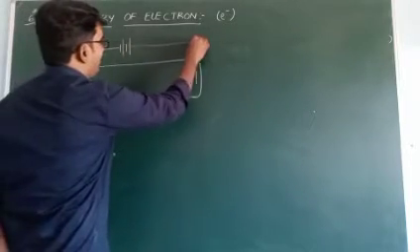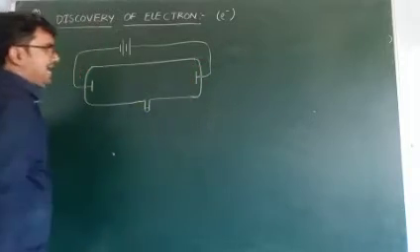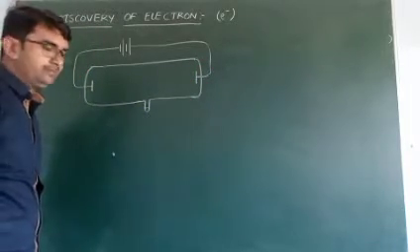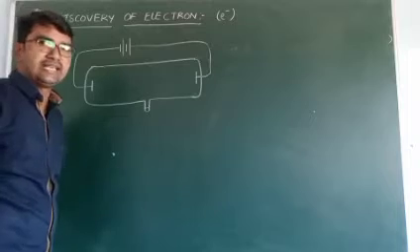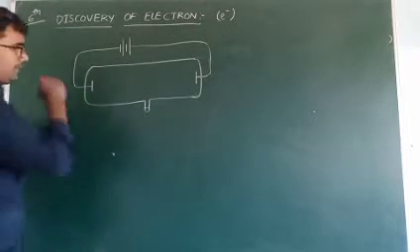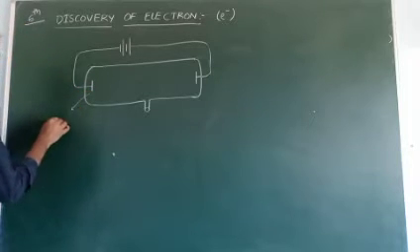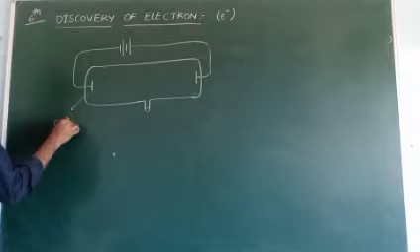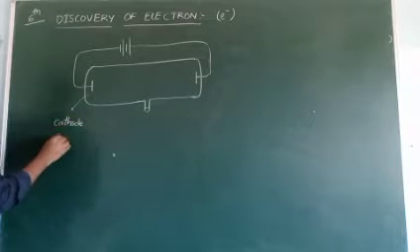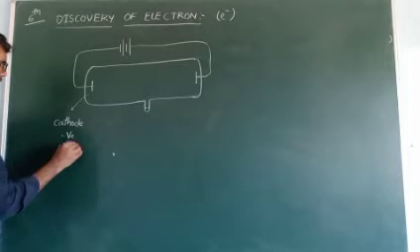One of them acts as the positive electrode, the other one acts as the negative electrode. Okay. In this experiment, this is taken as cathode. Cathode means that is the negative electrode.